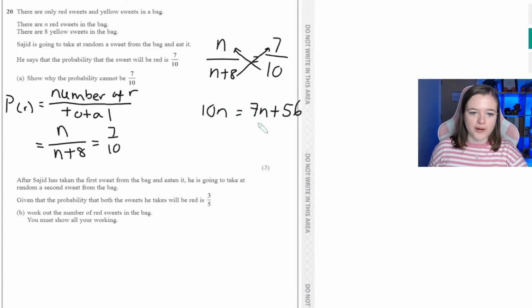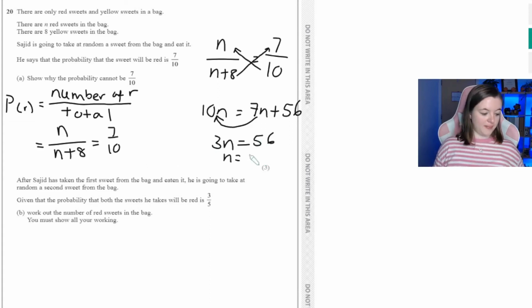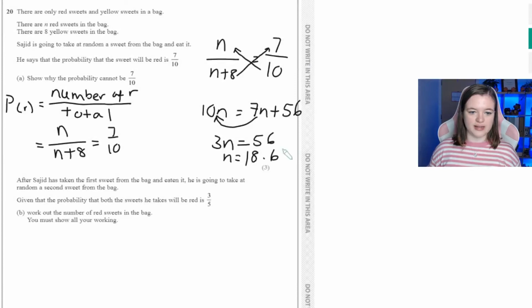So I'm going to take this over there. So I'm going to get 10n minus 7n, that's 3n, equals 56. Divide through by 3. n is going to be, I believe that's a decimal, hope so. 56 divided by 3 is indeed 18.6 recurring. Oops, it is 18.6 recurring.